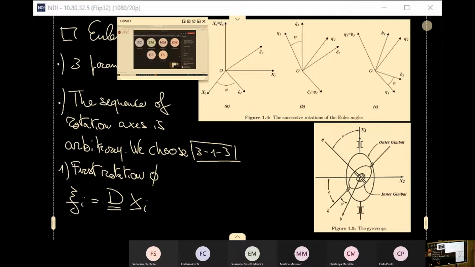So I apply this rotation over the axis xi, and I should obtain Ci, right? Where this d is a function of the psi.